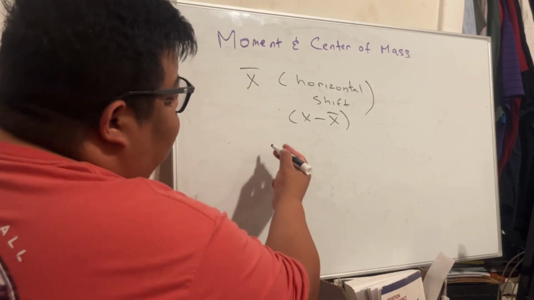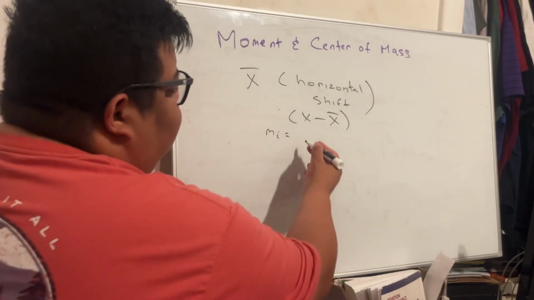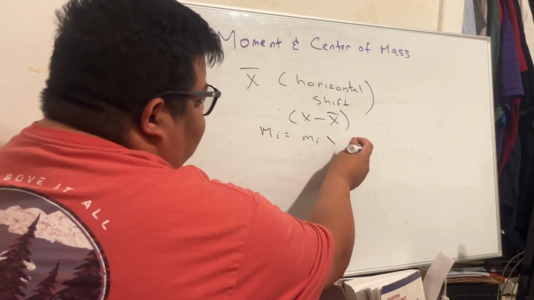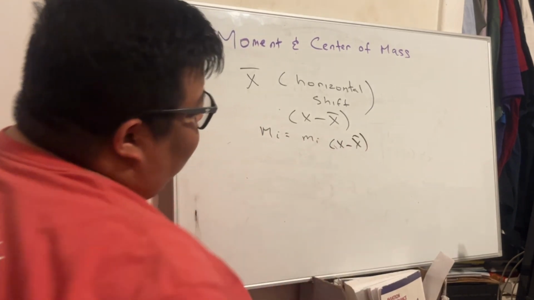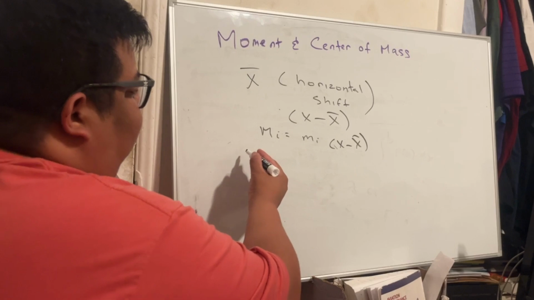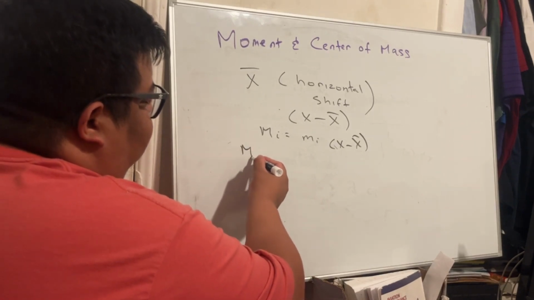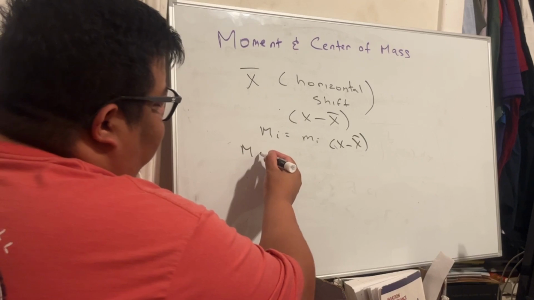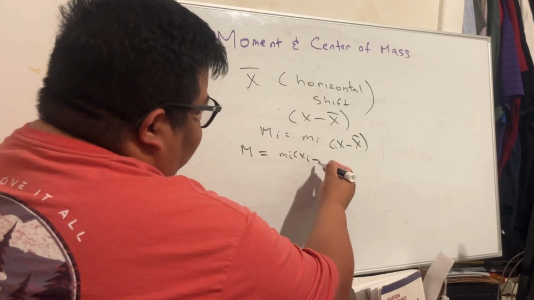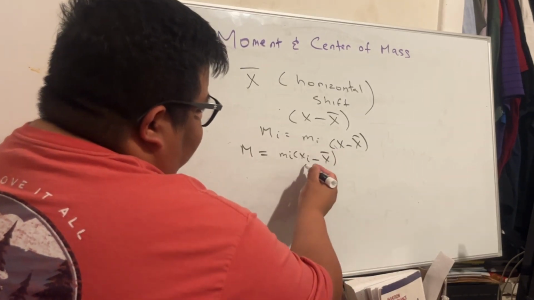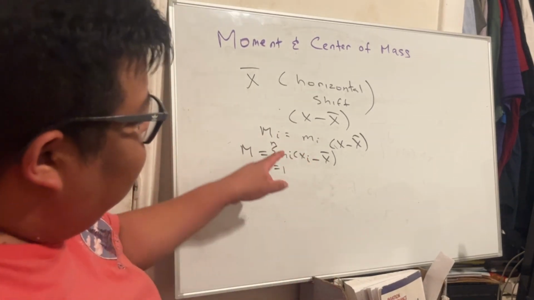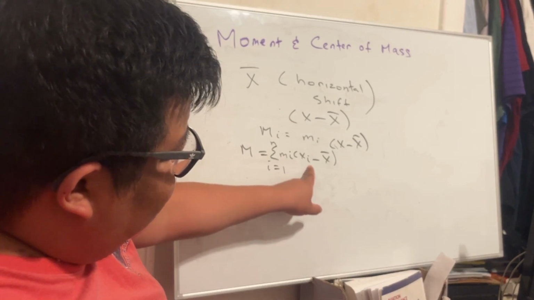That means that each moment is equal to the mass times the horizontal shift, and then your total moment becomes, let's say you have n objects, each with a mass and a horizontal shift.